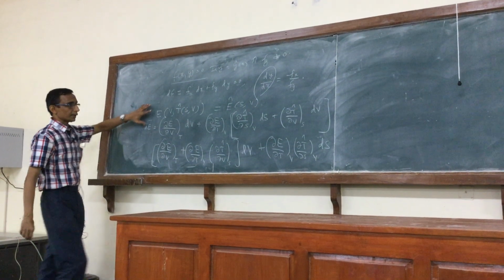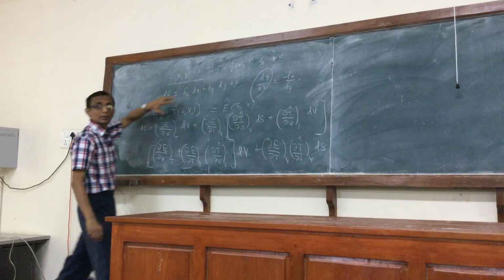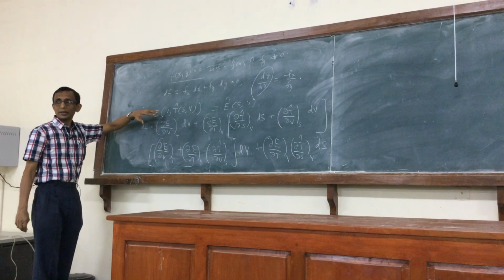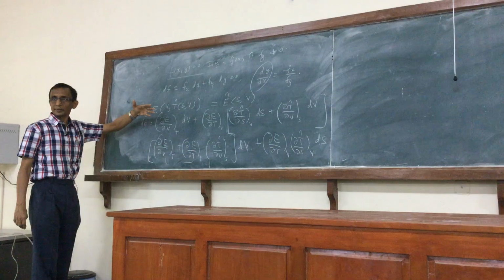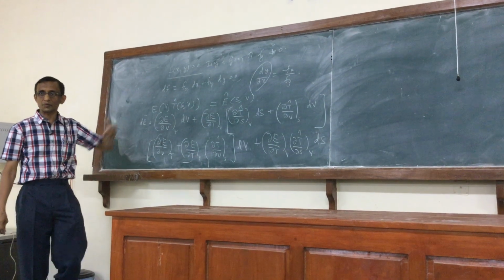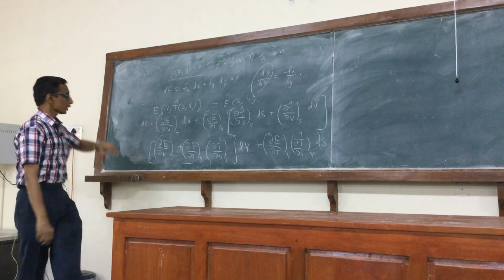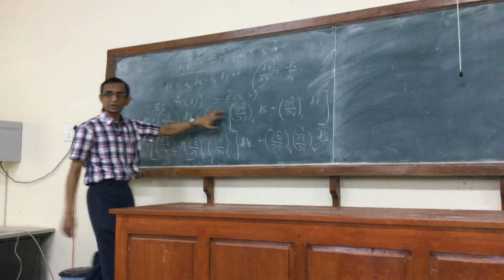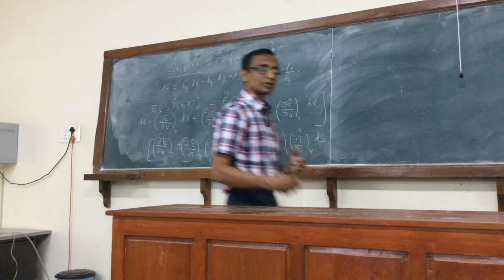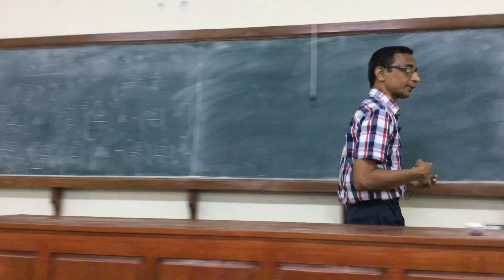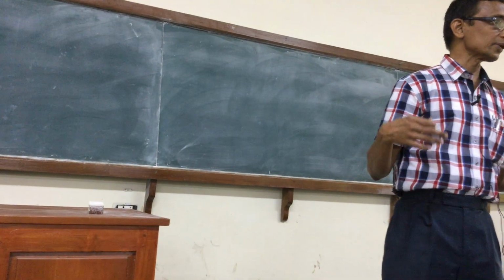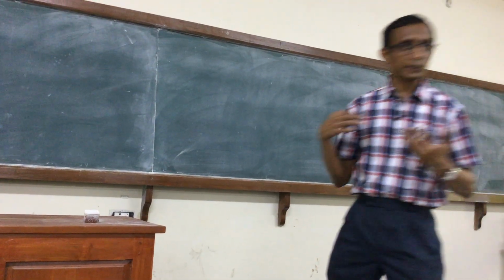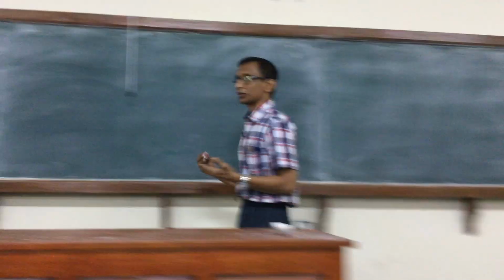Now I want E as a function of S and V. So dE, you have to remember, depends on what variables E is expressed in terms of. Based on that, the differential will change. So I start out with E being expressed as a function of V and T alone. So I wrote the differential. Then I want E as a function of S and V. Then I recognize that that has to come by expressing T as a function of S and V. Obviously, the final result should correspond to E expressed as a function of S and V, right?